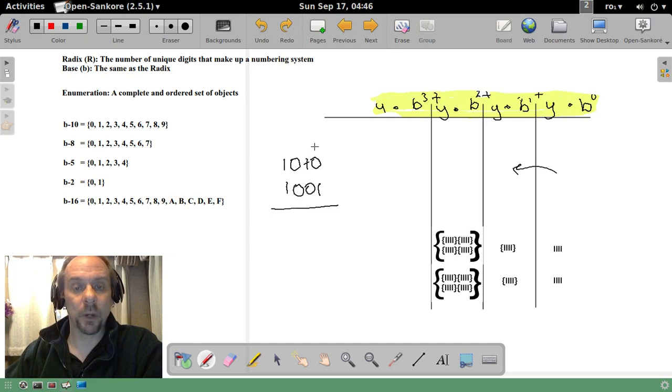What I'm really borrowing is 2. Okay, so 2 minus 1 is 1, and then that becomes 0 and 0 and 0 and 0.